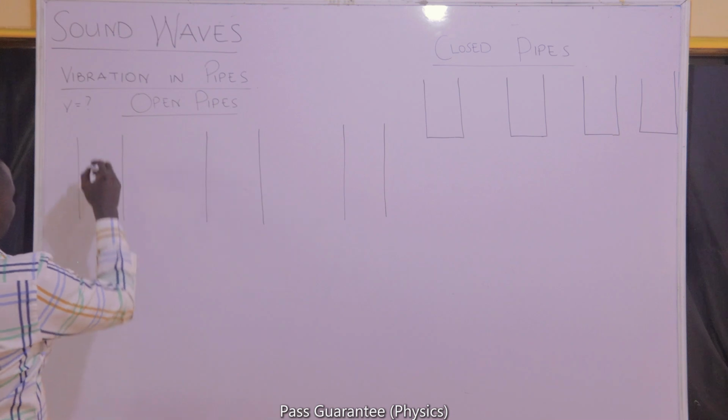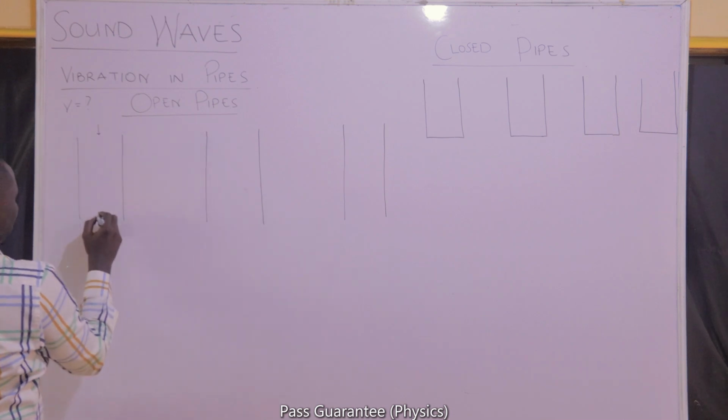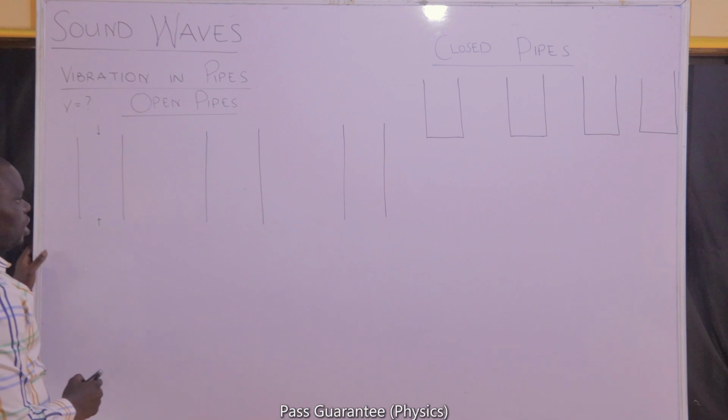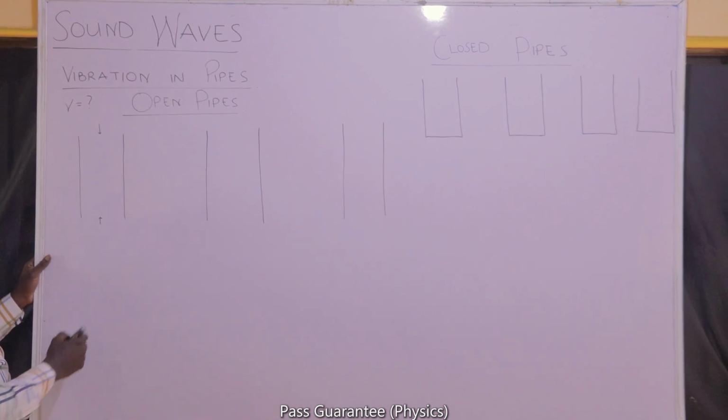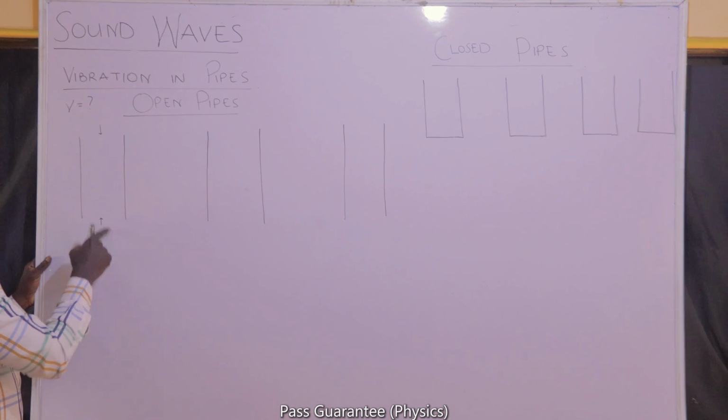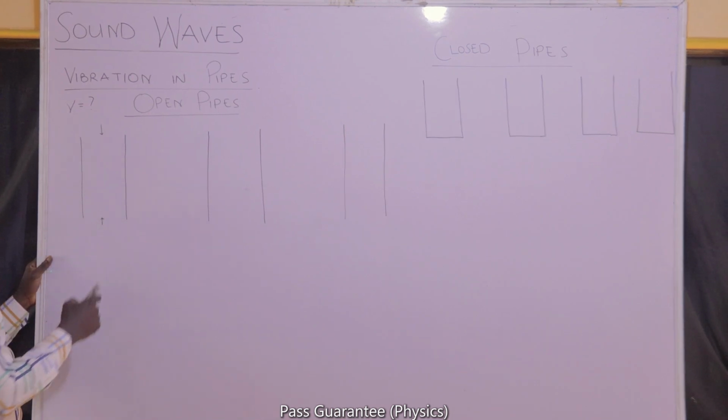Now, this end is free and this other end is also free. So what we will do, if we need to do this one, is to understand how a free end vibrates with a stationary wave.